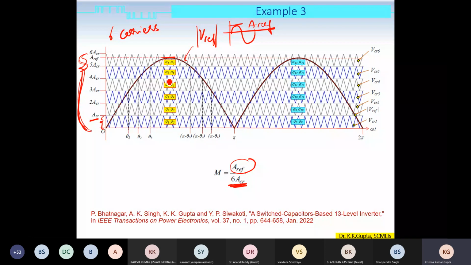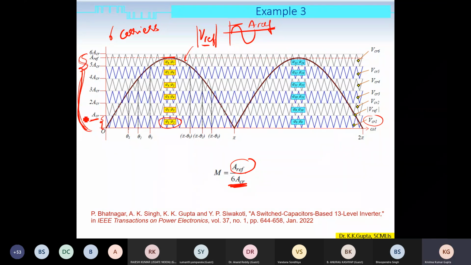Also, what I have shown here is the states that should be used. For example, I have carrier 1, and carrier 1 is being compared with this reference signal. Each carrier corresponds to one level, right?